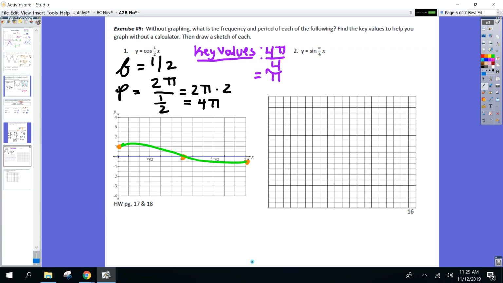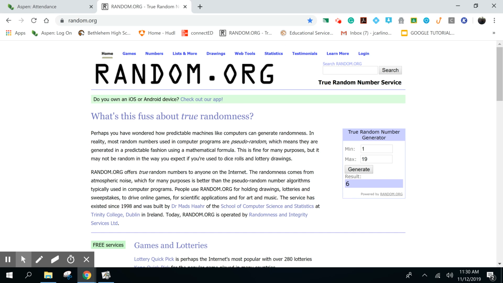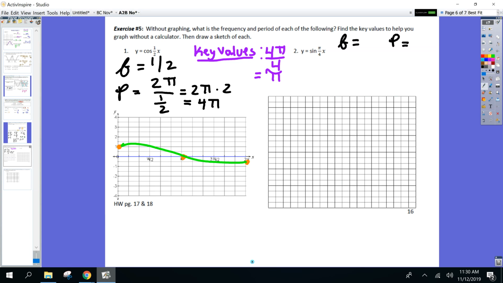Sine pi over 4x, got to find the b value and the period first. What's the b value? Pi over 4. How are you going to find the period? Got it?